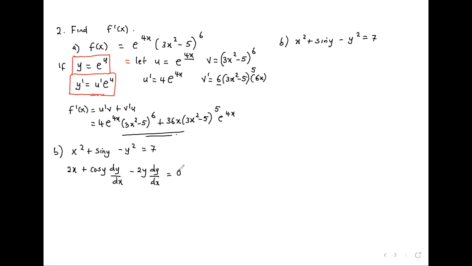Now we are solving for dy dx, so we'll take this 2x the other side as we factorize dy dx on the remaining parts. So dy dx, then we'll have cos y minus 2y. Sir, the implicit differentiation, you only do it when there's a y in the equation. Yes.